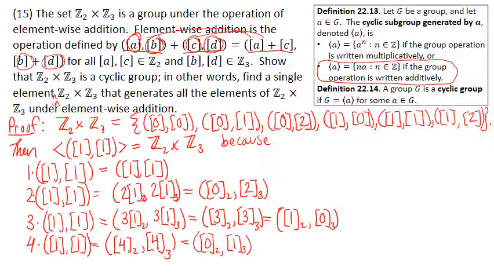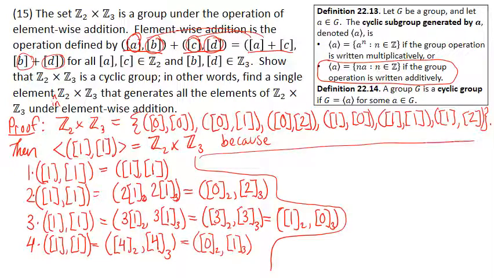We're running out of room here, so let me make some more room. Then 5 times 1, 1. This is going to be 5 in modulus 2 and 5 in modulus 3. So 5 in mod 2 is 1, and 5 in mod 3 is 2.